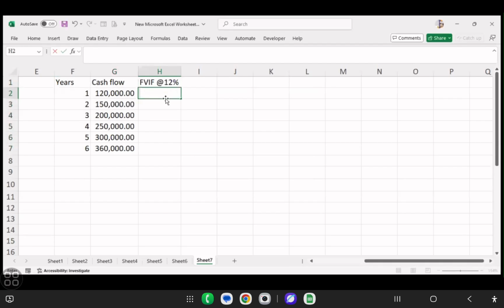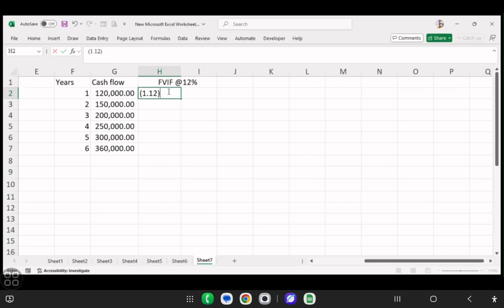Let me just expound it a little so that at least we can understand. I want us to get it very right. This one is equal to 1.12 power.